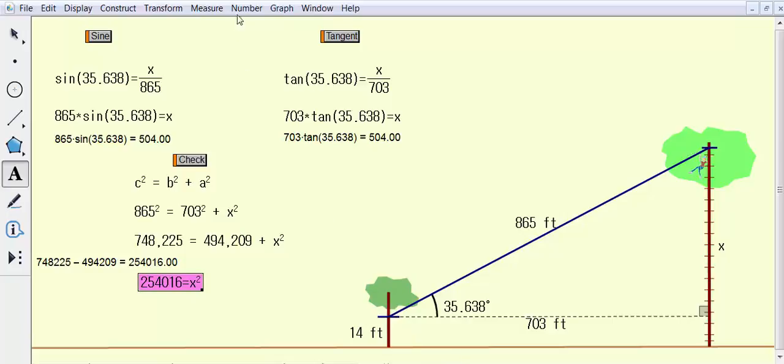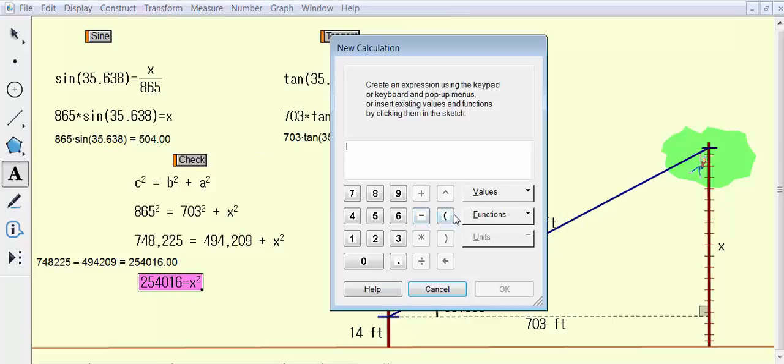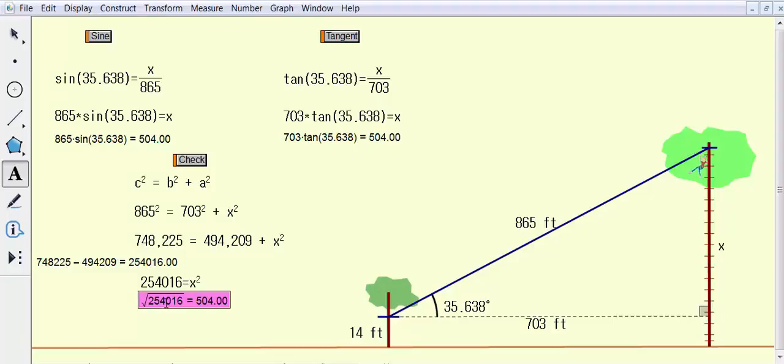Now, we want to square root both sides to figure out what x is equal to. So, taking the square root of 254,016, we get x equals 504. And that's amazing because that's what we found with the two trig functions.